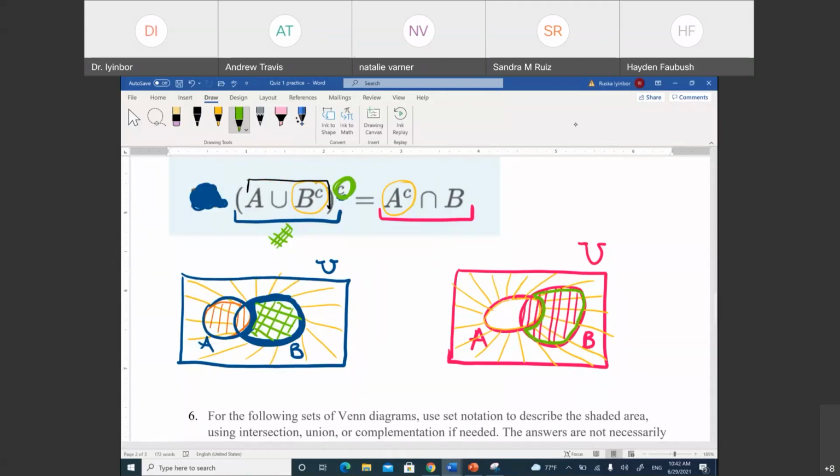So this is going to be the area outside of A where A complement and B cross each other, right? I'm using the same shading, the same color. So everybody see that? Are they the same? Yes, the areas are the same. That's what you need to do, compare the areas.